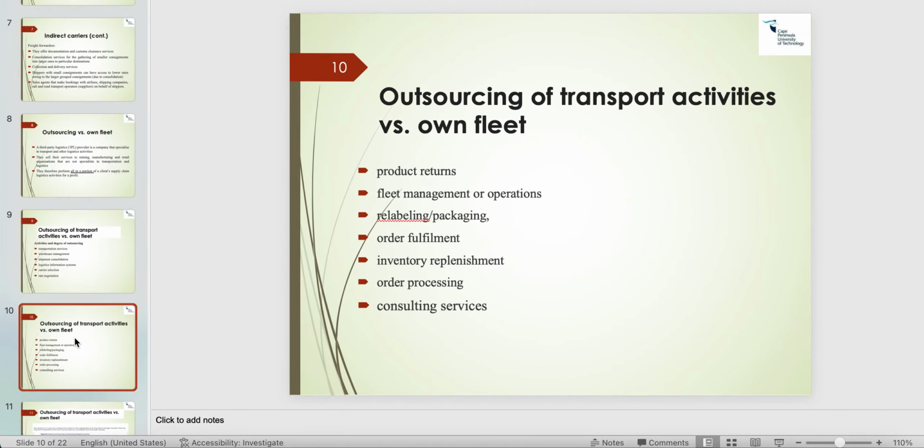They deal with fleet management, which means managing of people and transport systems, their operation. They deal with relabeling or packaging, and they deal with order fulfillment. There is customer spare parts, if there is consultation, inventory replenishment. So they do a whole lot of activities as part of outsourcing.